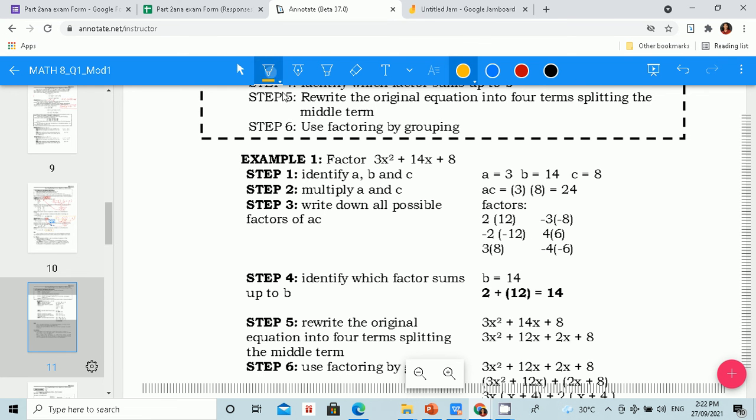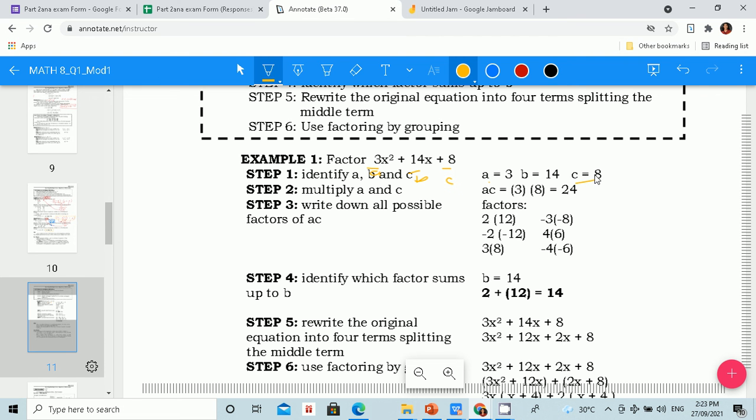A coefficient is the number right beside the variable. So A is equal to 3, B is equal to 14, C is equal to 8.